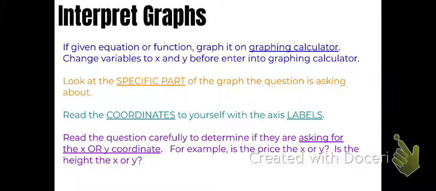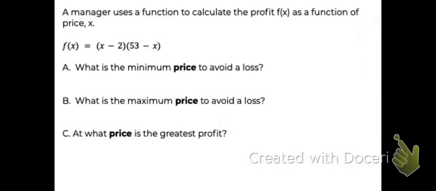Sometimes you're going to be given a function that is not graphed yet. Remember, when you're taking the state test, you can use the graphing calculator. So we're going to graph this function to see what it looks like. It's saying that this manager uses this function to calculate the profit. The profit is f of x as a function of price. The price is x.